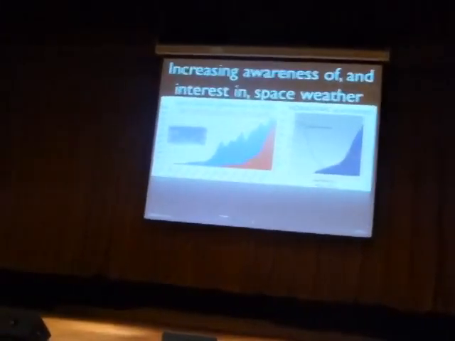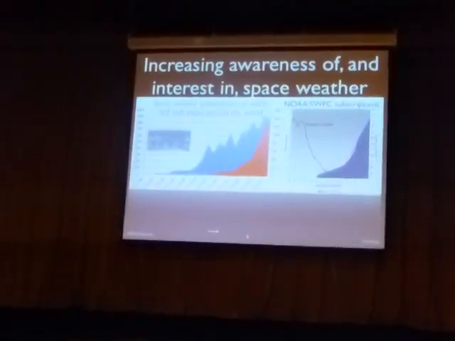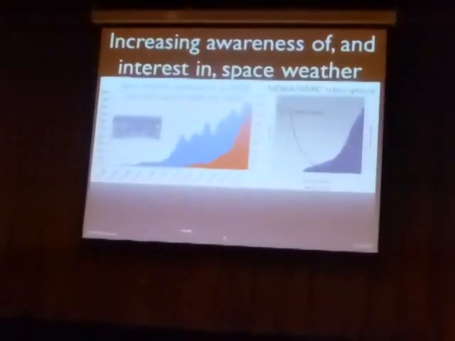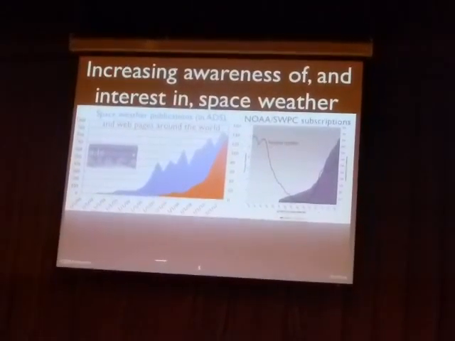That growth is mimicked by the growth in the customer base. For example, NOAA's Space Weather Prediction Center sends out alerts and email messages to subscribers. The blue curve on the right-hand side is the growth rate in that. It peaked at over 40,000 subscribers, and those are not just individuals, those are entire corporations, entire organizations that are interested in space weather.